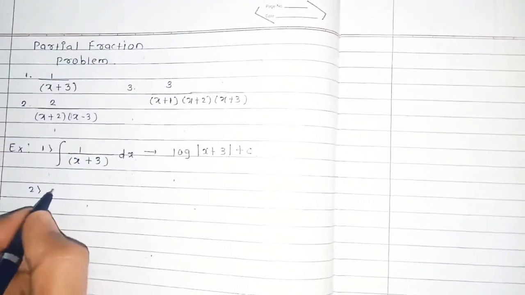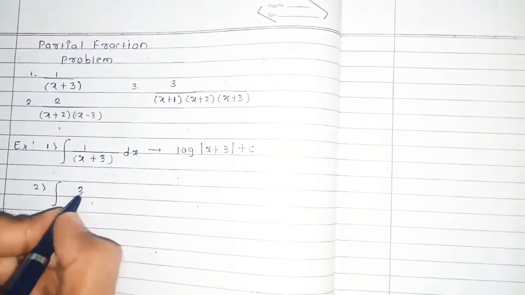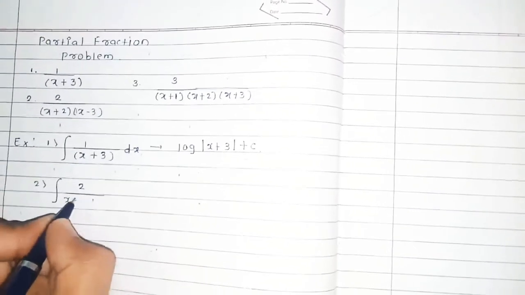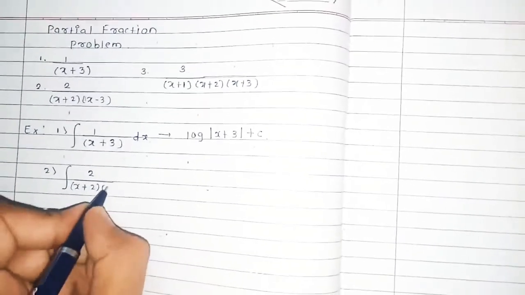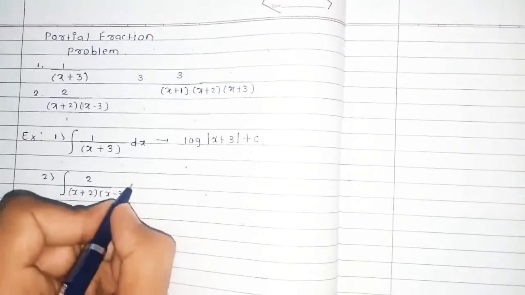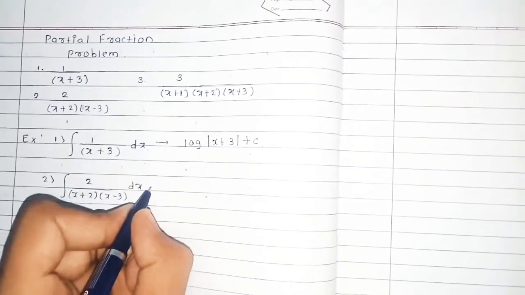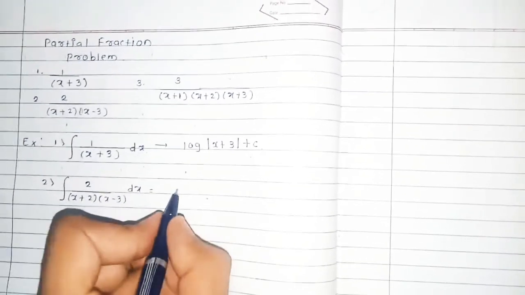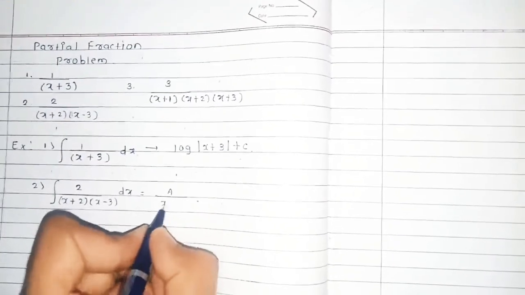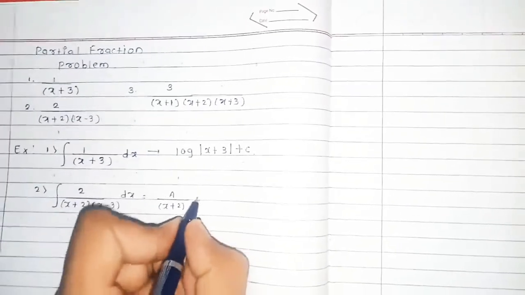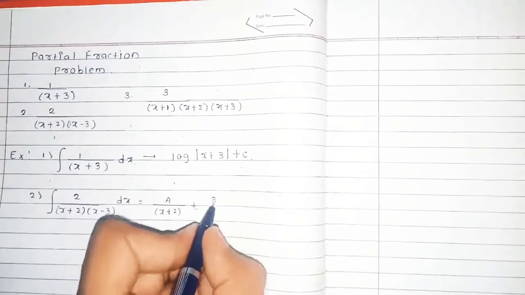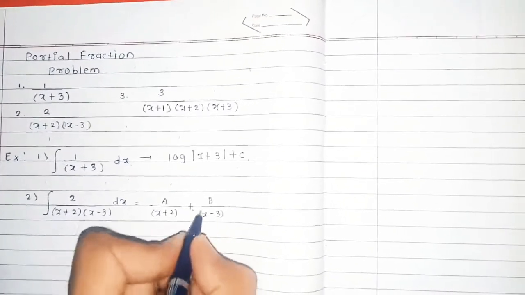Second, 2 upon (x plus 2)(x minus 3). We will apply partial fractions. Both terms get a separate constant: a over x plus 2 plus b over x minus 3.